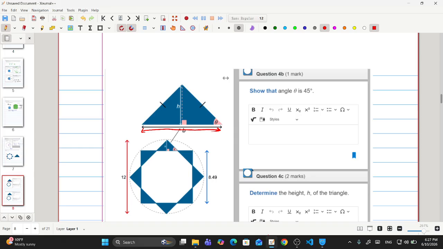And we know that the sides of the triangle, all of these sides, are formed by the edges of the second square, which is exactly rotated 45 degrees.